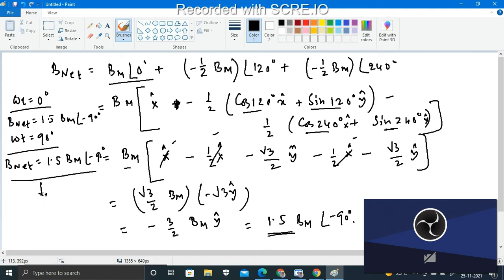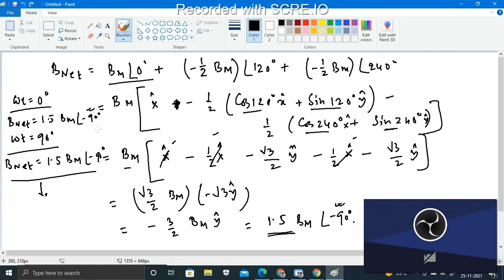That means although the direction of the magnetic field has changed, the magnitude has to be constant. It may happen due to some reason that this particular angle may differ. Here that is not differed, but it may happen due to some conditions.